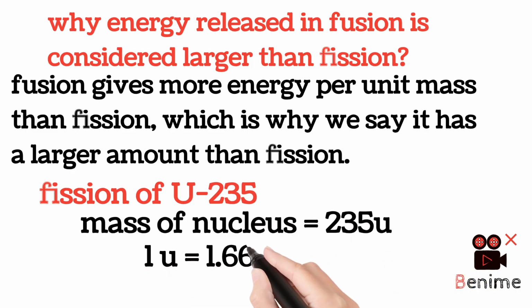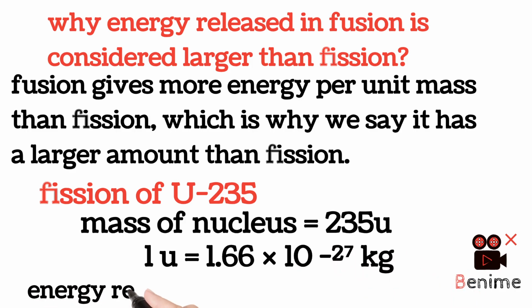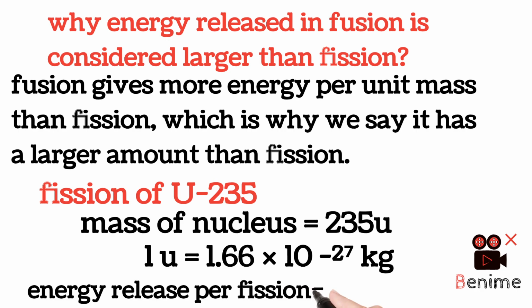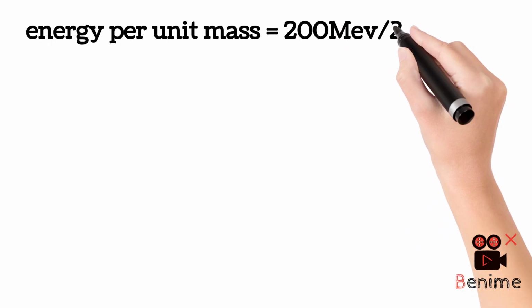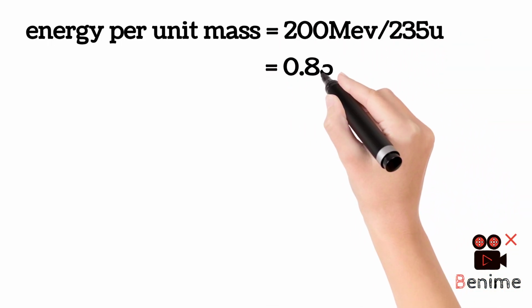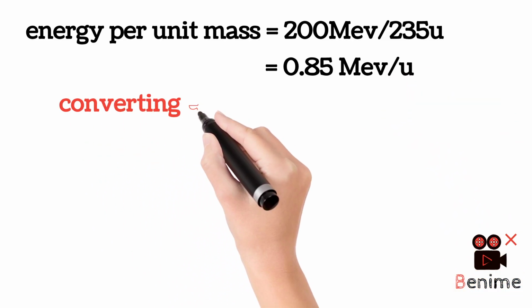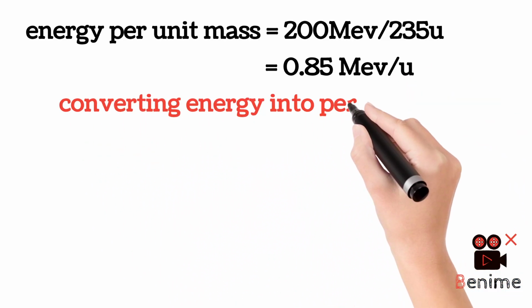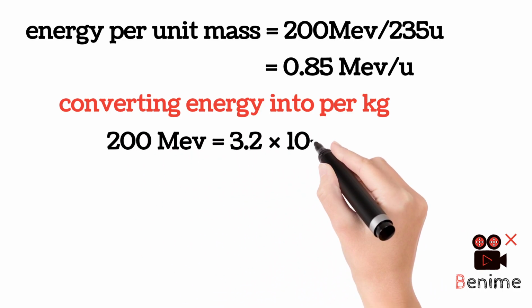Let's calculate energy per unit mass for uranium-235. The mass of uranium is 235 U, where 1 U is equal to 1.66 times 10 to the power of minus 27 kilogram. By putting in the relation we get 0.85 MeV per U for uranium.